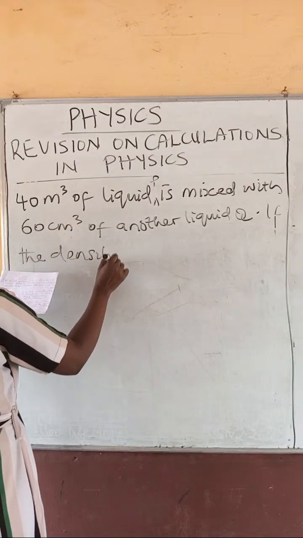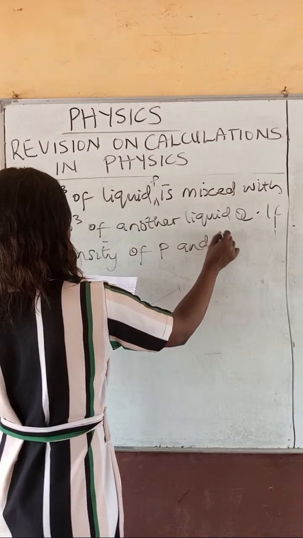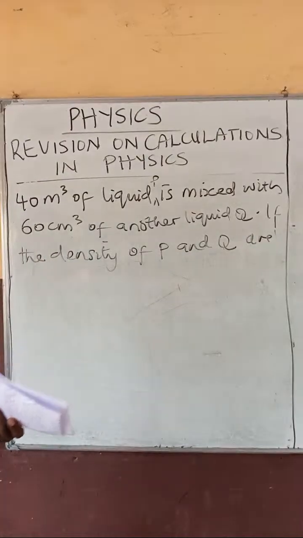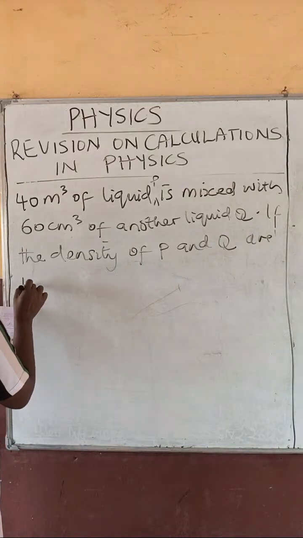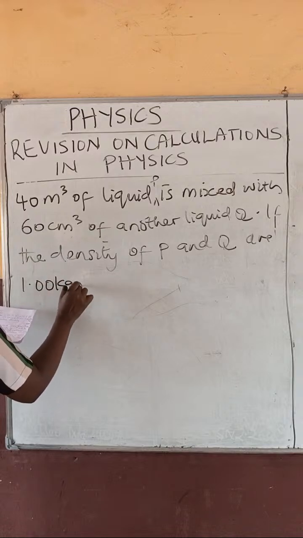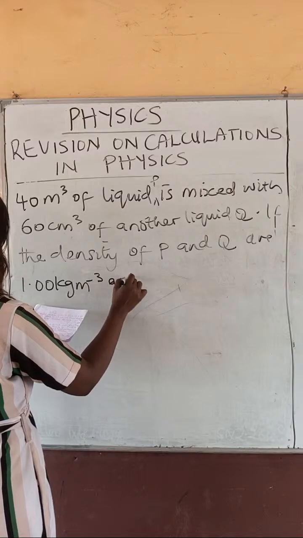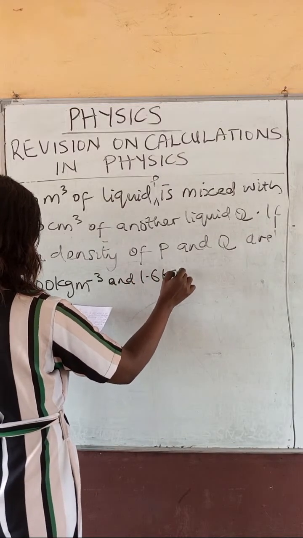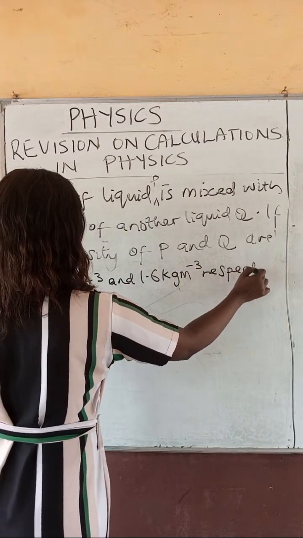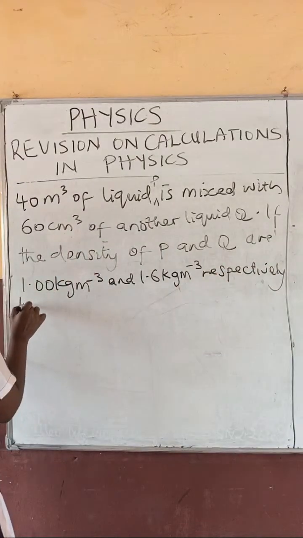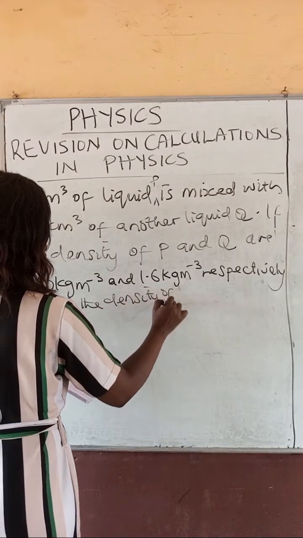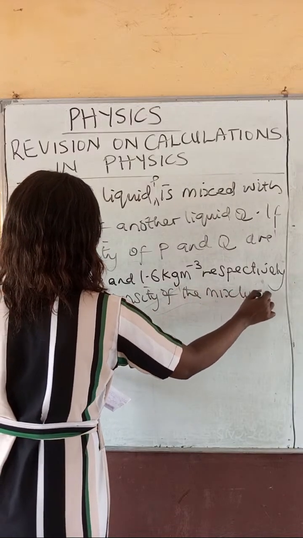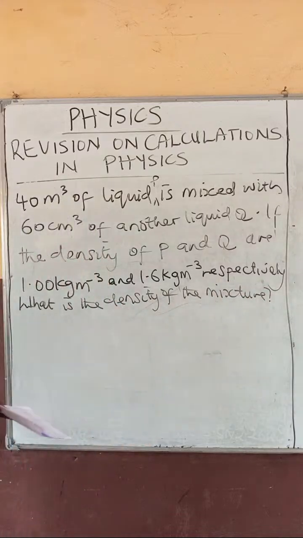If the density of P and Q are 1.00 kilogram per meter cube and 1.6 kilogram per meter cube respectively, what is the density of the mixture? All right, so copy the question down.